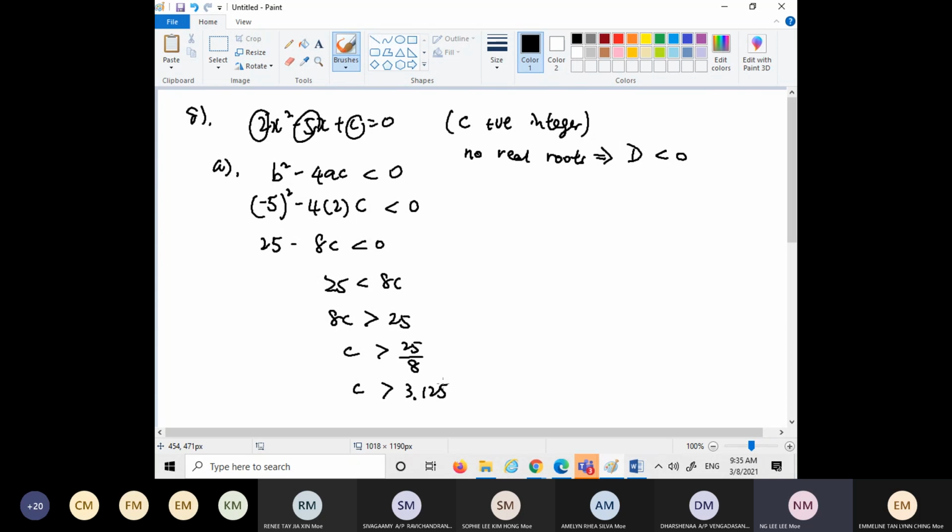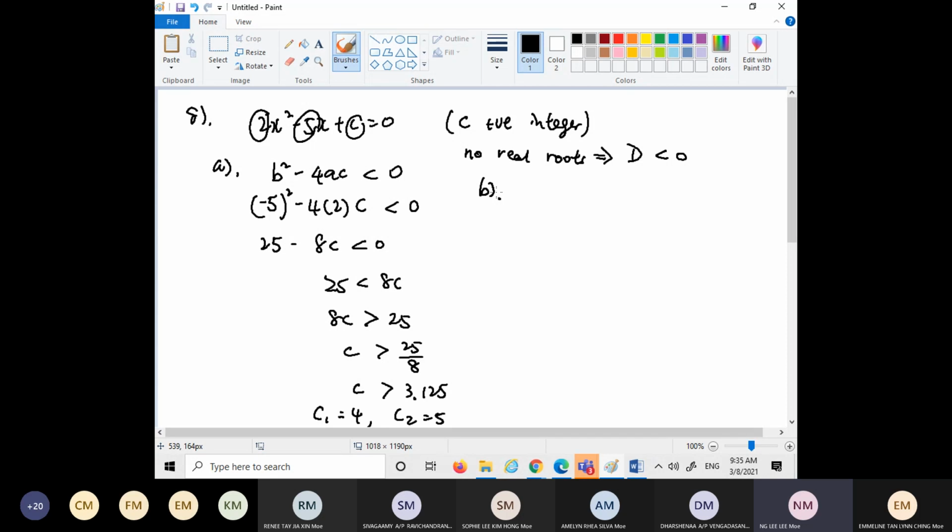Actually, you can put any answer loh, but we put the nearer answers here, because c must be greater than 3.125. So the next integers greater than 3.125 are 4, 5, and actually onwards. They didn't set an upper limit for it. Okay, don't care lah. We write C1 is 4, C2 is 5. This question is not very good. Okay, we continue. Part B.